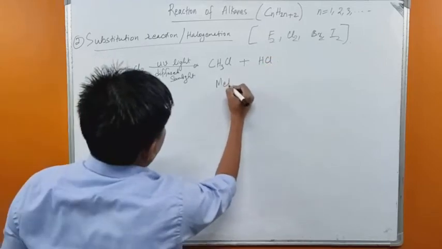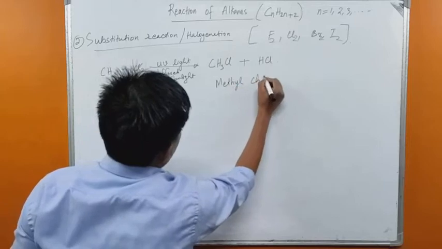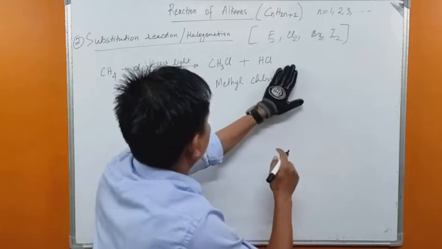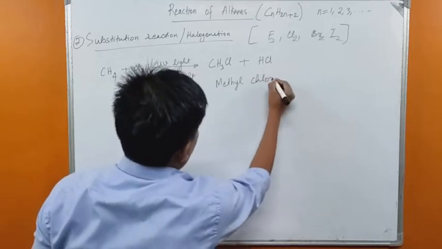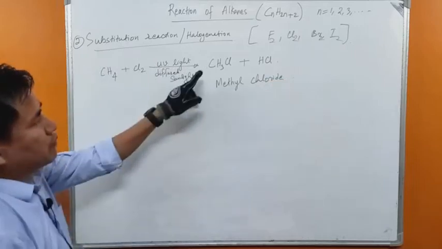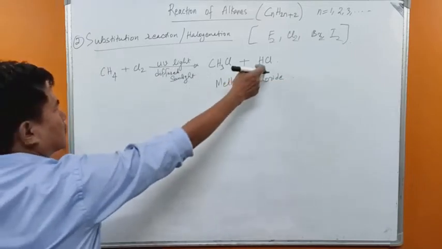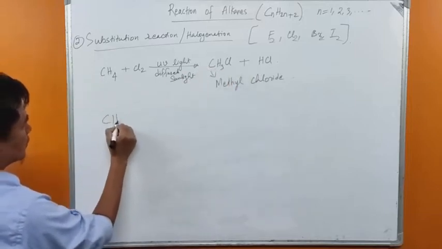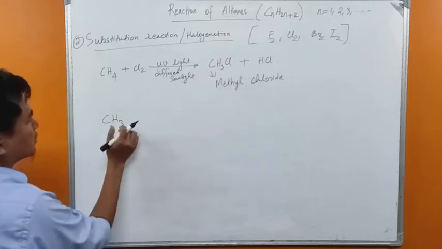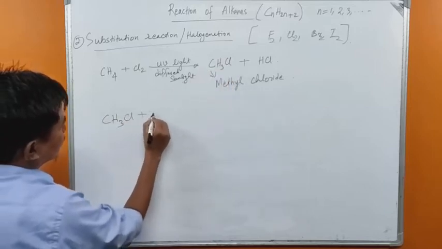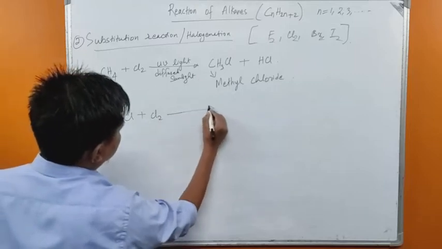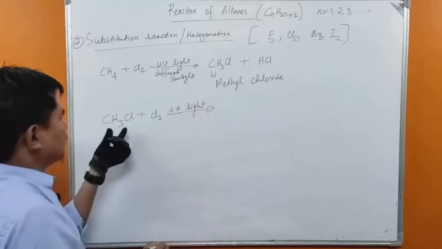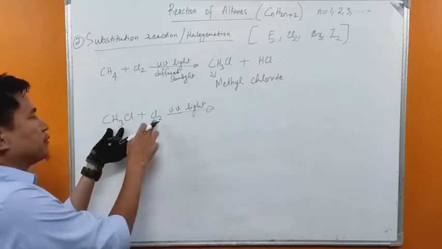Methyl chloride. The name of this compound is methyl chloride, and this is hydrochloric acid, isn't it? So this CH3Cl, the reaction will not stop here. CH3Cl will further react with chlorine molecule, in presence of UV light or diffuse sunlight, and again one atom of hydrogen will be replaced by one atom of chlorine.